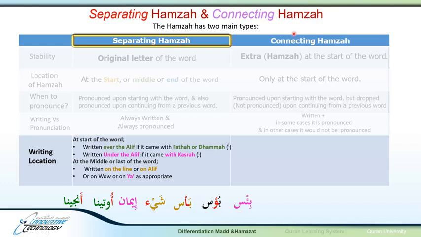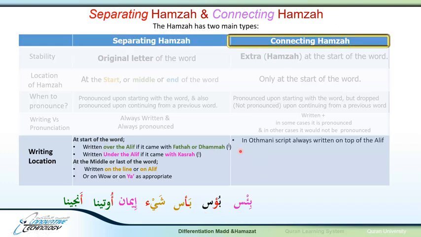When it comes to writing the connecting Hamza, in the Ottoman script, it's always written on top of the alif, as in this example here, bi'sal ism. Al-ism, there is a fatha here, and Hamzatul Wasl is written on top of the alif. Now, in ism, the Hamzatul Wasl is not written under, although there is a kasra there.